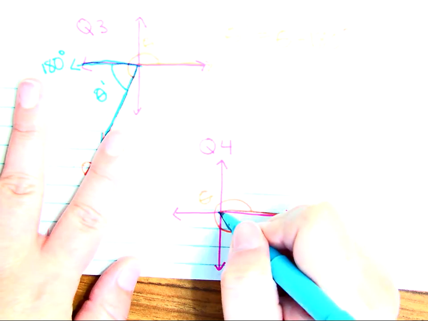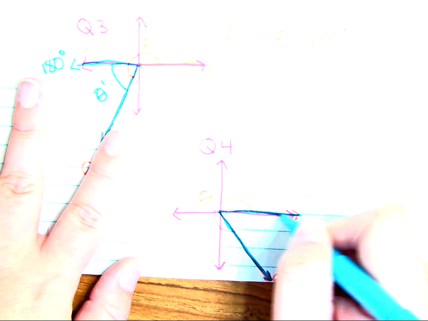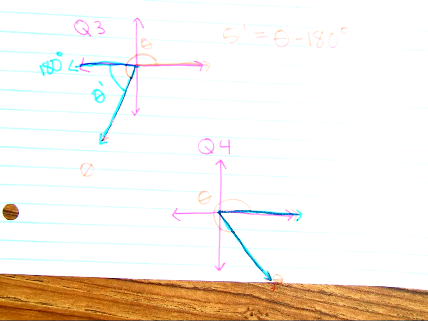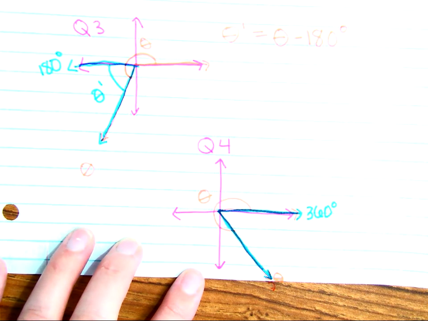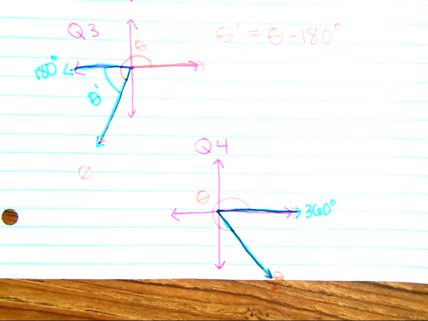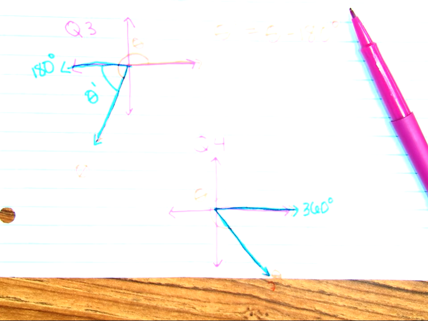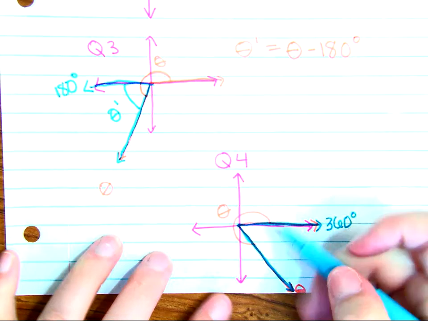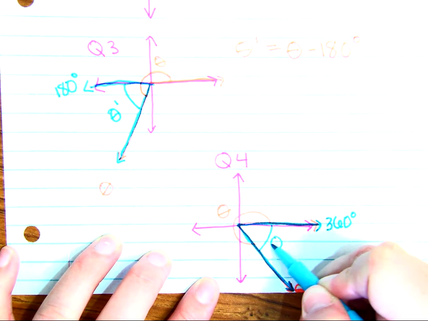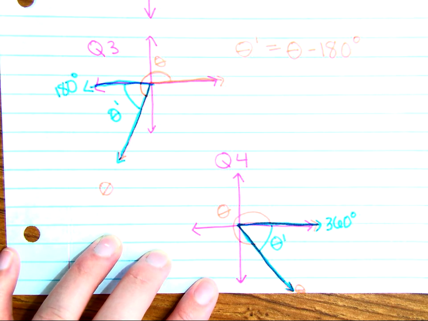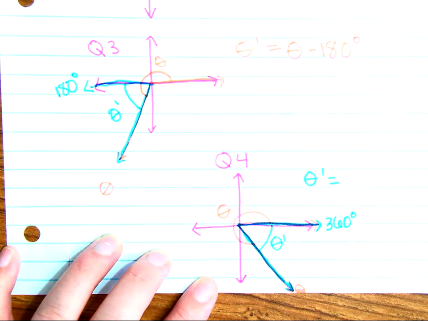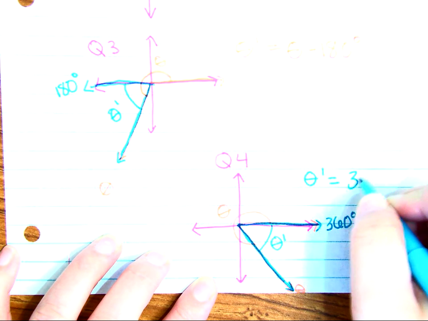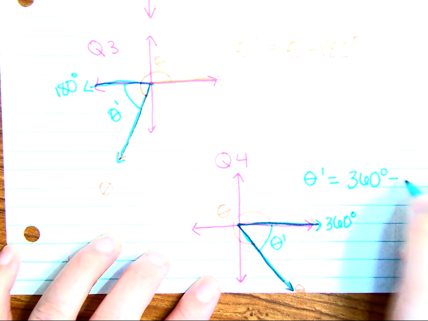And my x-axis is there. Okay, now remember, this would represent 360 degrees because we will have gone all the way around the circle. So this angle here represents theta prime, or my reference angle. How would I figure out my reference angle? Well, I want this chunk here, so we would be doing 360 degrees minus theta.